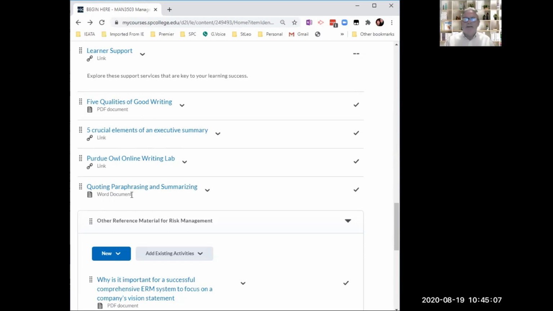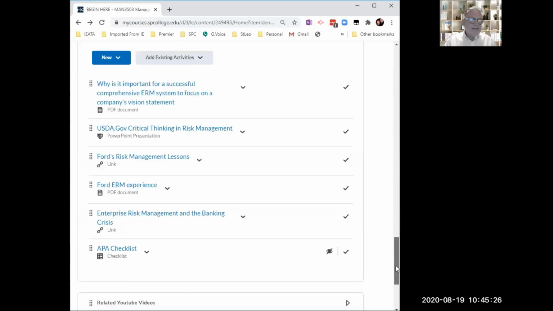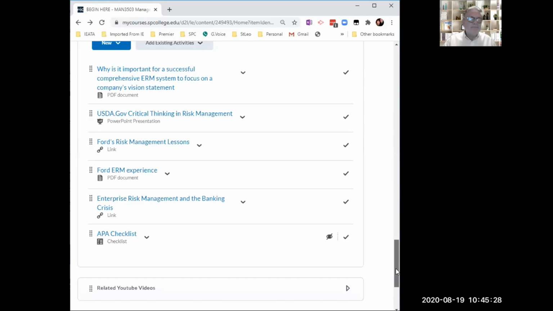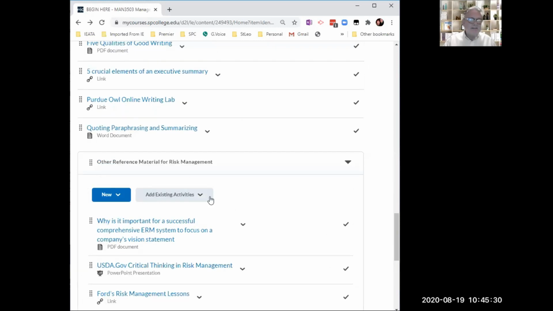In the case study, you're not doing a book report. You're digging deeper into the concepts, the processes, and the procedures that have been proven over the years to be effective way of managing risk. So that's it in a nutshell. Look over it. I've also got a section called Other Reference Material.